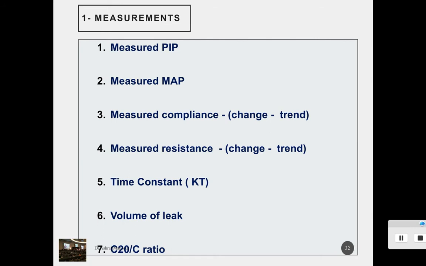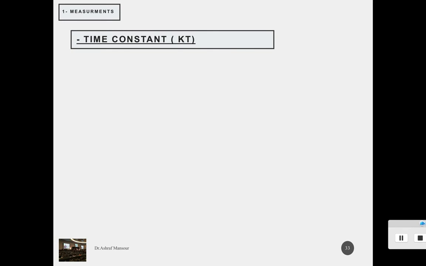The same goes for the compliance and the resistance, and then the volume which is received by the baby, and whether there is a volume leak or not, and the time constant, which is important to calculate the inspiratory time and the expiratory time and set your rate to make good synchronization without air trapping and without inspiratory hold, to decrease the overexpansion which will appear in the C20/C and prevent pneumothorax, and at the end prevent lung injury.